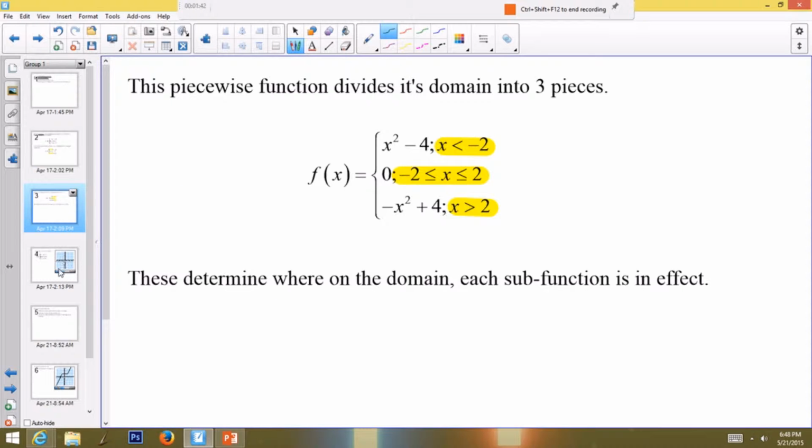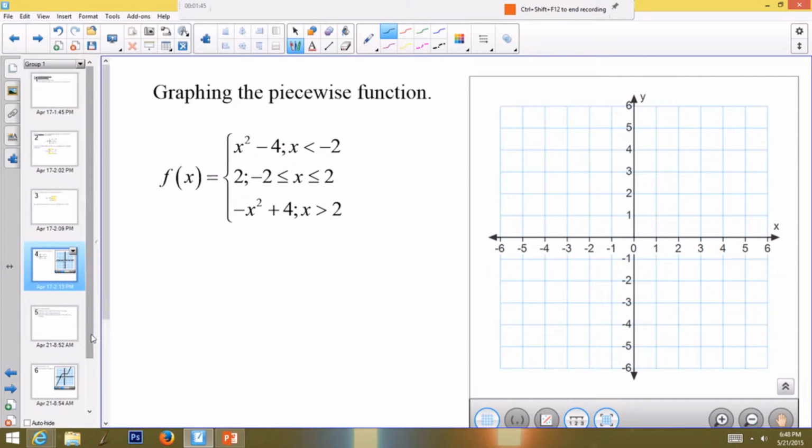Now, what does that mean? Well, I have another one right here. So what this says is you almost read it backwards. You almost consider the domain part first. So for the values of x that are less than negative 2, when I'm plugging in values on this side of the x-axis, I am going to be using this first rule.